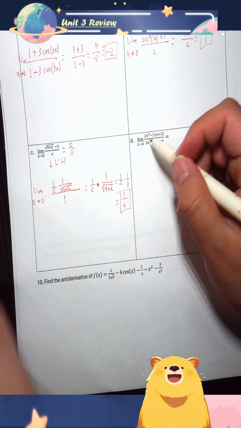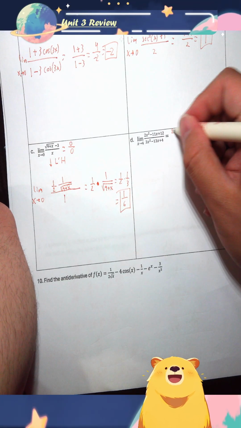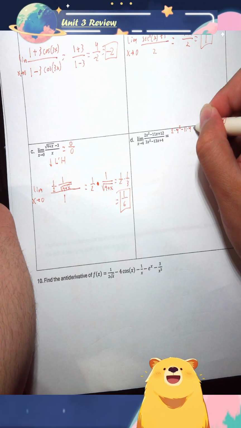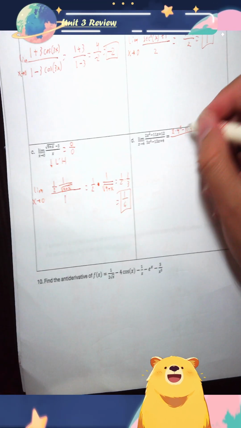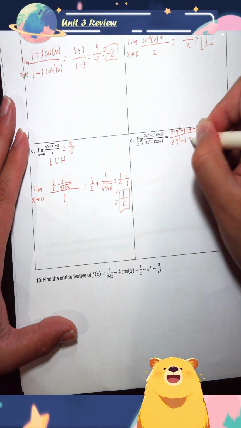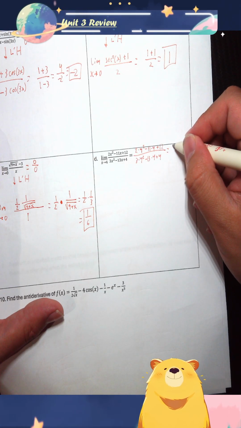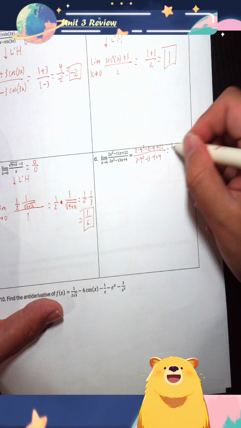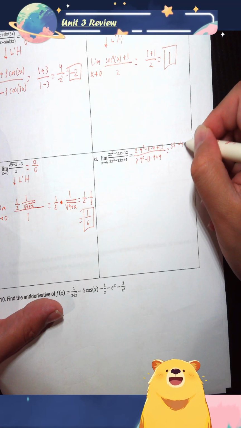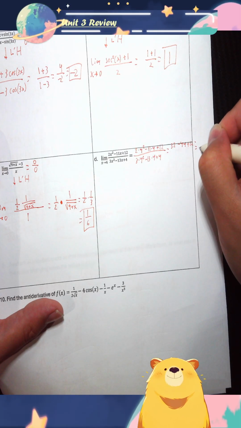Alright, last one we have for 4. Let's quickly evaluate. We've got 2 times 4 squared minus 11 times 4 plus 12 over 3 times 4 squared minus 13 times 4 plus 4. Let's see, we got a 32. We got a minus 44, and then we got a 12, so that's going to be equal to 0 on the top.